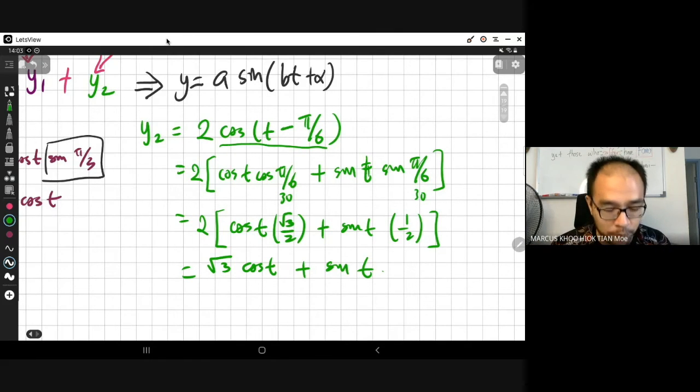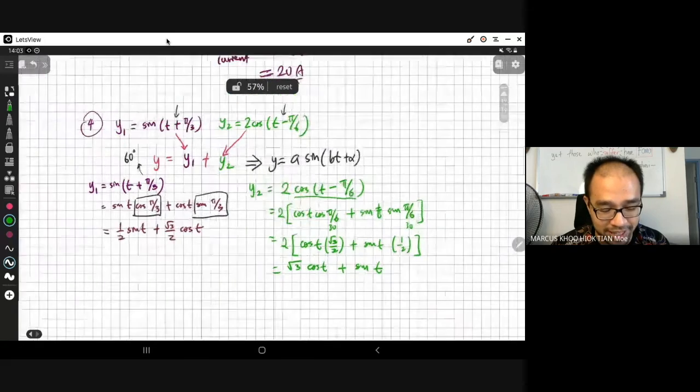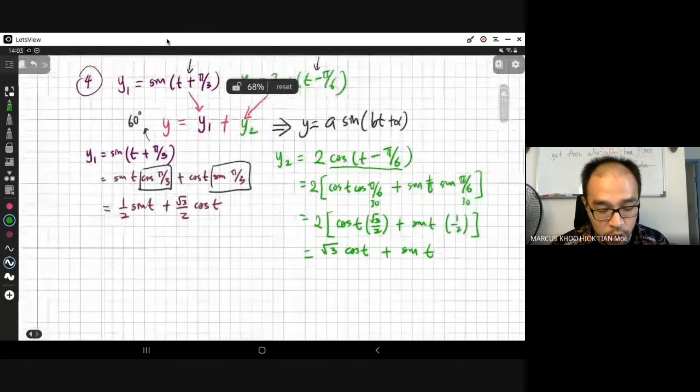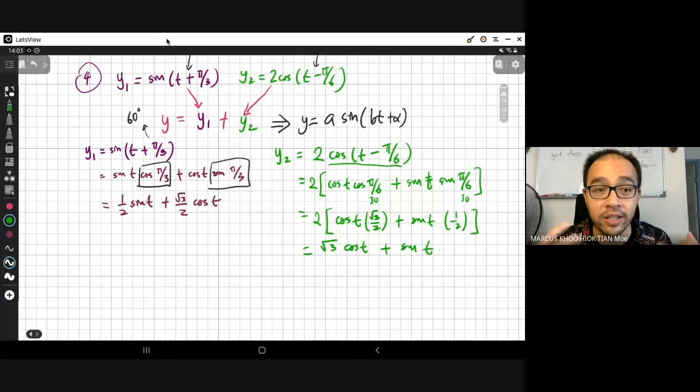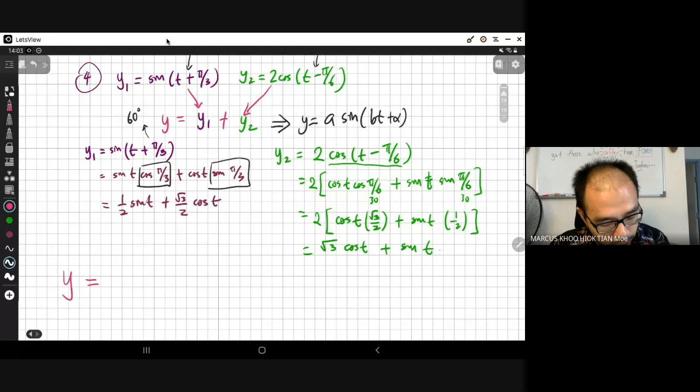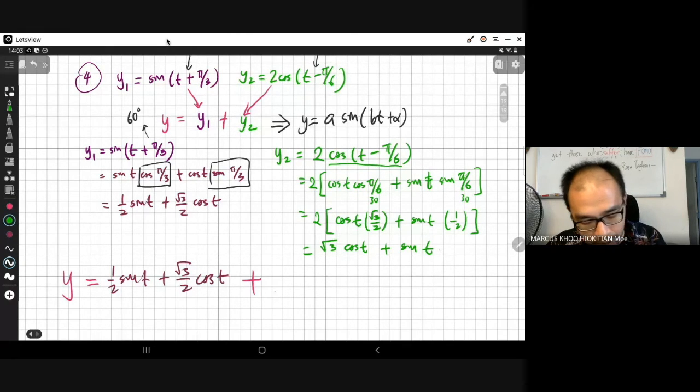Let me zoom out and see what we have done so far. We have separately expanded both of them and summarized them. Now let's combine both of them together. y equals, the purple one, half sin t plus square root 3 over 2 cos t, plus the green one, square root 3 cos t plus sin t.